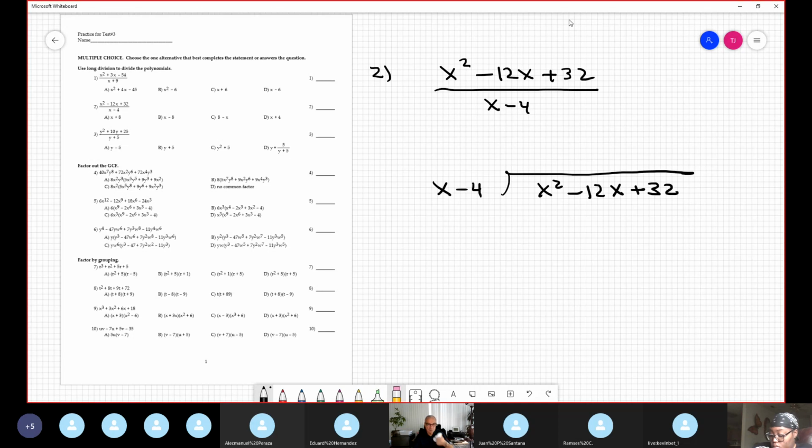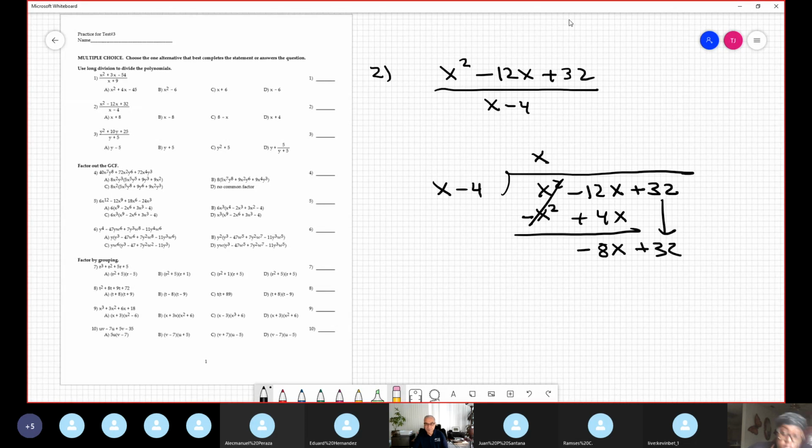It's obvious it's x, because x times x is x squared. I copy using the original sign, then change the sign by subtracting, and this is negative 4. Now by subtracting, you put negative here and positive here. This cancels, 0, and this is negative 8. And bring down 32.